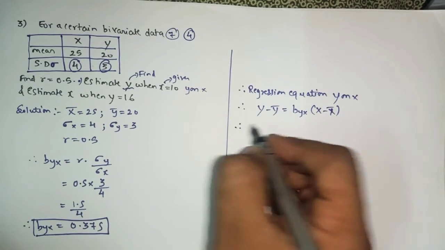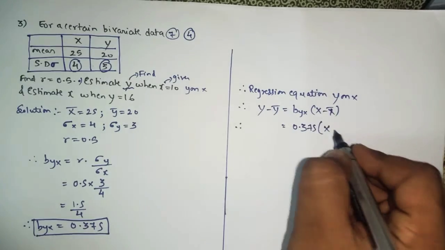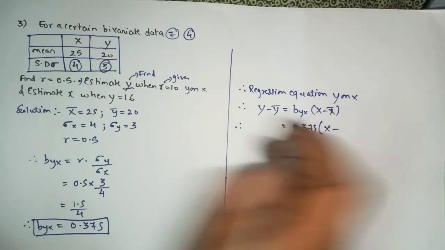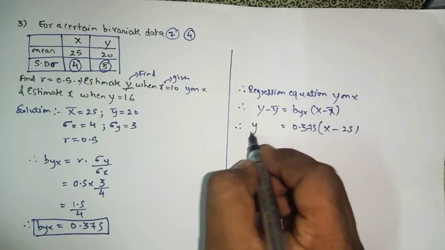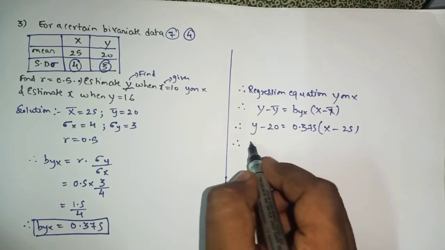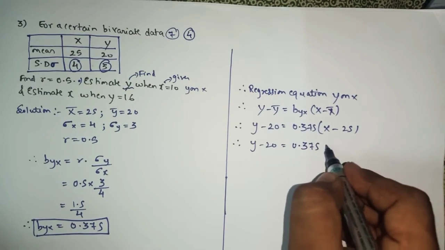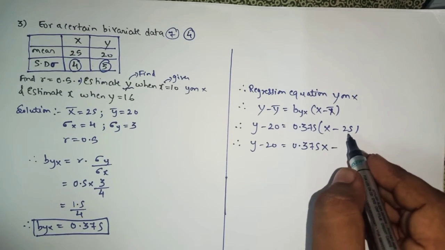Substitute the value here, 0.375. X mean is 25, y mean is 20. So y minus 20 equals 0.375 into x minus 25.